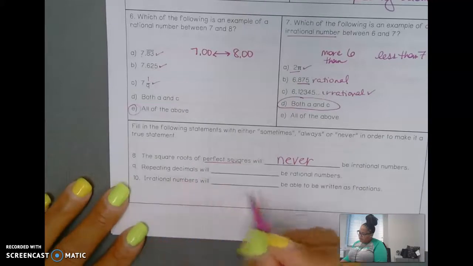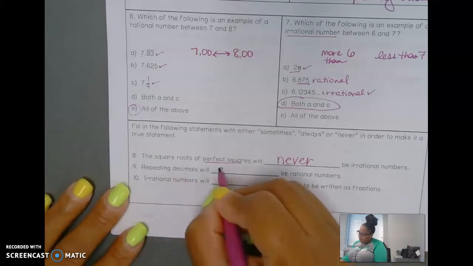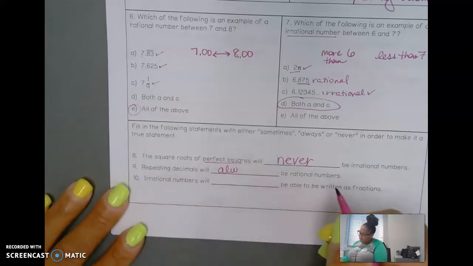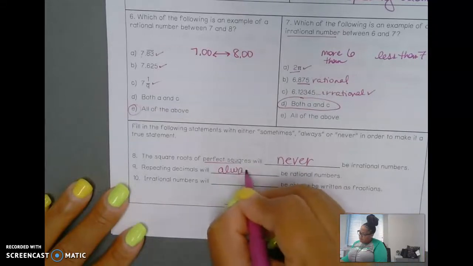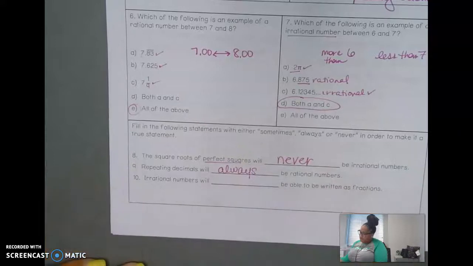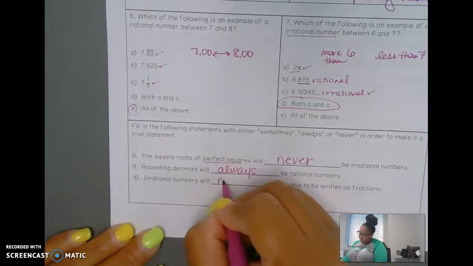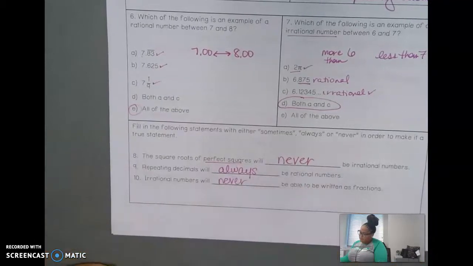All right, repeating decimals will always be rational numbers, and irrational numbers will never be able to be written as fractions.